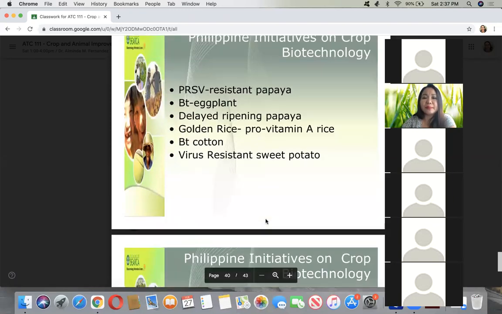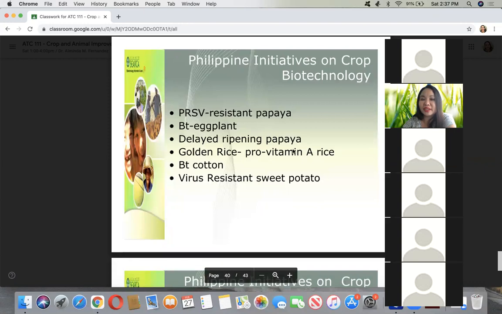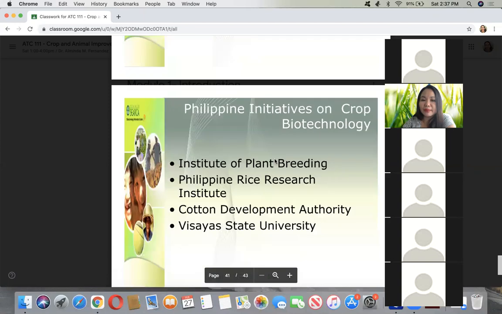So in the Philippines, we have the PRSV resistant papaya development, the BT eggplant, delayed ripening papaya, the golden rice, the BT cotton, and the virus-resistant sweet potato. These are the initiatives, the Philippines' contribution of biotech crops.